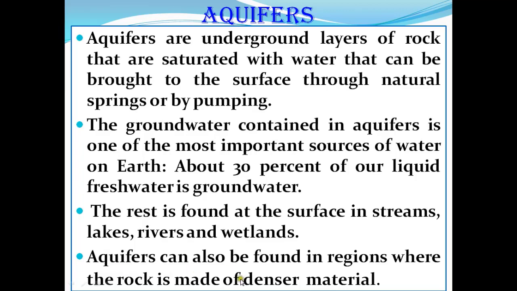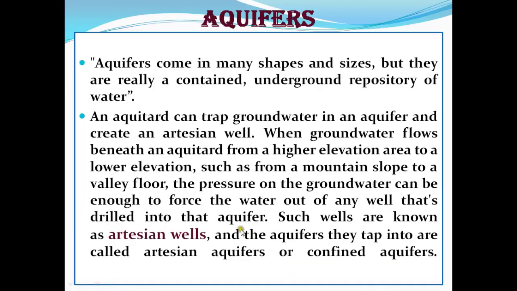Aquifers can also be found in regions where the rock is made of denser material. Aquifers come in many shapes and sizes, but they are all contained in an underground water system, and water from the underground in an aquifer can create an artesian well.